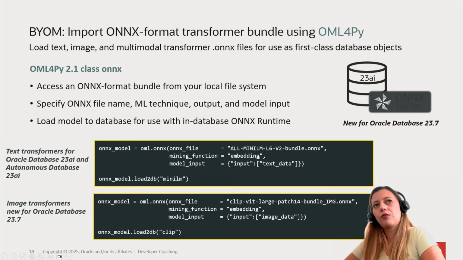We are using it for generating embeddings, and then which is the model input. In this case it is text data. We do the same for the CLIP. We are using it also for embedding, but this time we will map to images. So whether the ONNX file was produced by OML4Py, another tool, or another platform, we can bring it easily to 26ai and use it for generating embeddings.